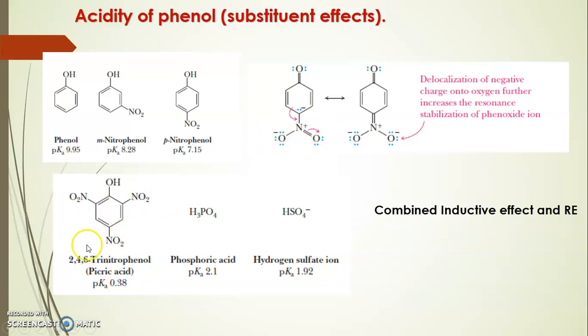That is why 2,4,6-trinitrophenol, that is picric acid, is highly acidic. Its pKa value is 0.38, and it is more acidic than even the hydrogen sulfate ion or phosphoric acid. This is due to the combined effect of resonance and inductive effect.